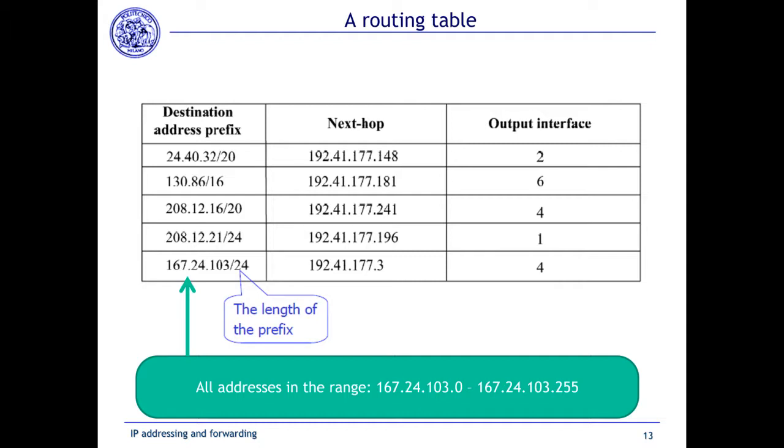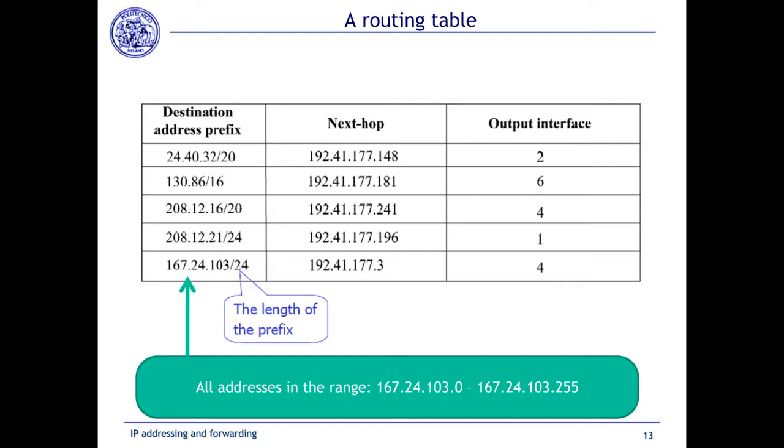Okay, so you have to always report in the table not only IP addresses as destination, but pairs of addresses and lengths. That may be, for example, addresses and associated net masks. It depends on the implementation.